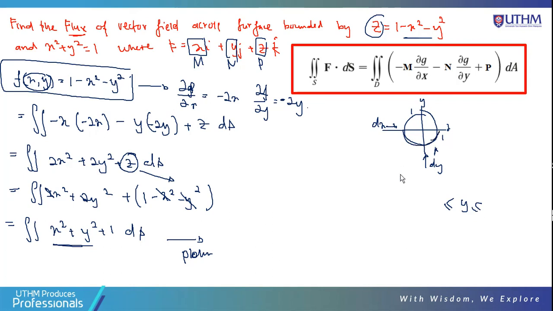Circle ni adalah negatif, bawah negatif. So 1 tolak x kuasa 2, so negatif so yang atas akan jadi positif. 1 tolak x kuasa 2.